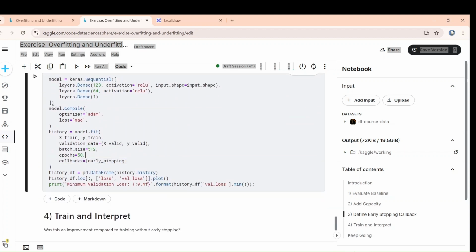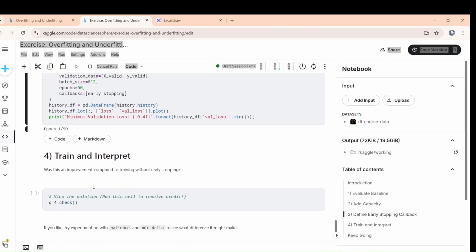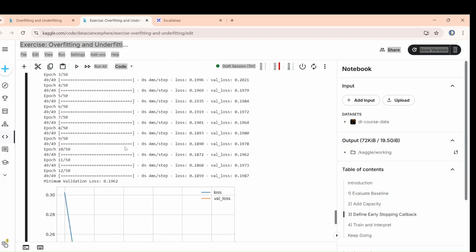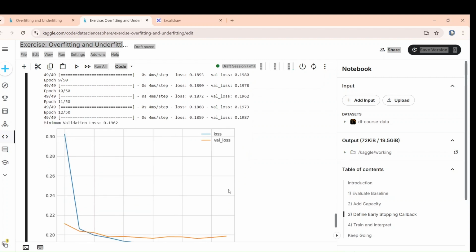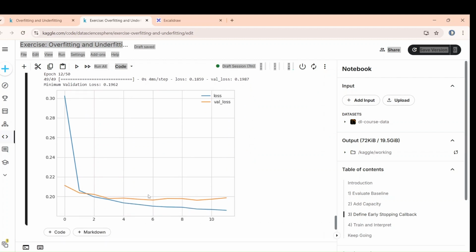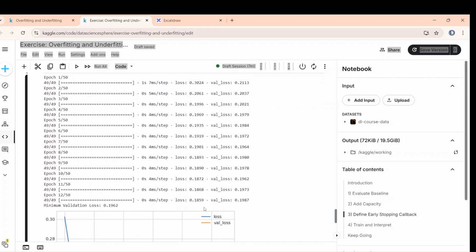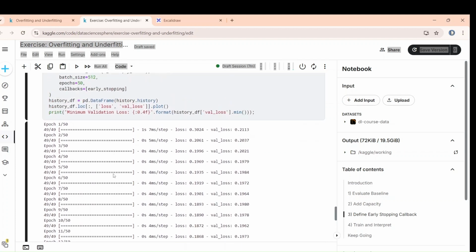Okay, now you are plotting this also. See, it will go for 50 epochs, but within that you can see that after a certain time, it has stopped. Epoch 12 out of 50, because after this, it has stopped decreasing. Okay, it has not run for 50.